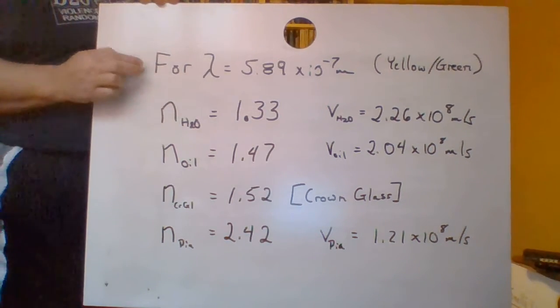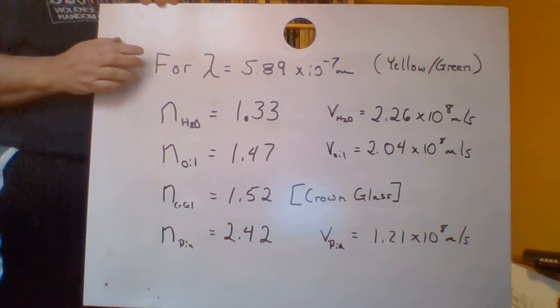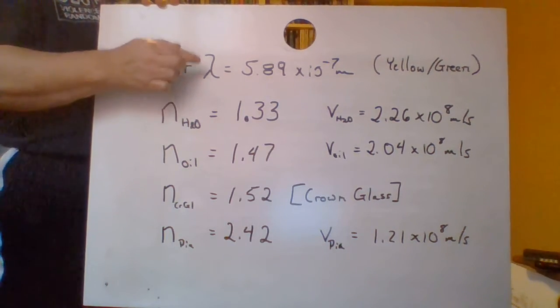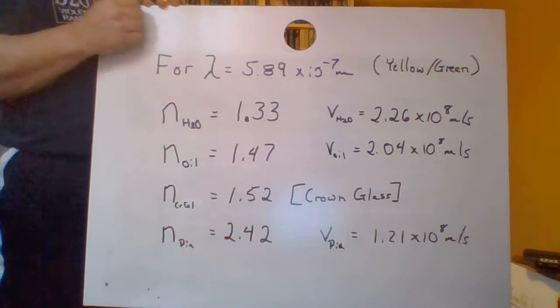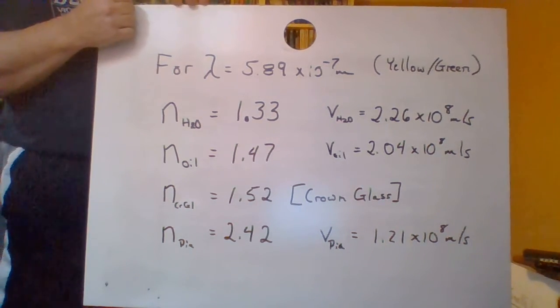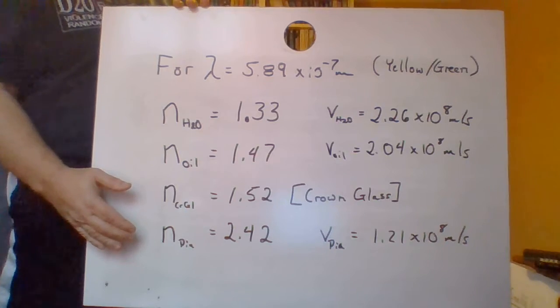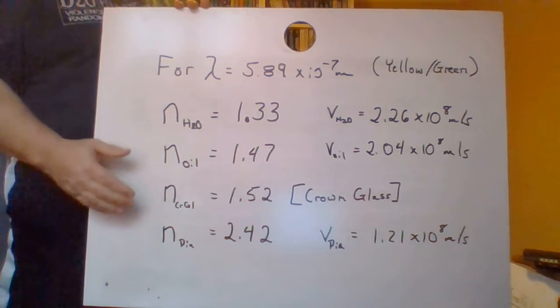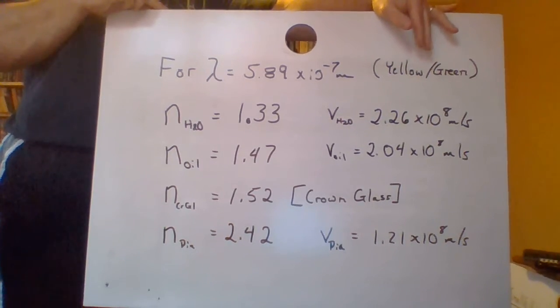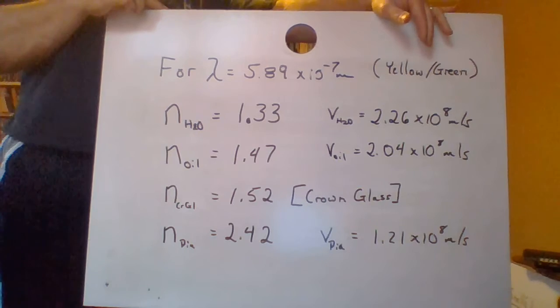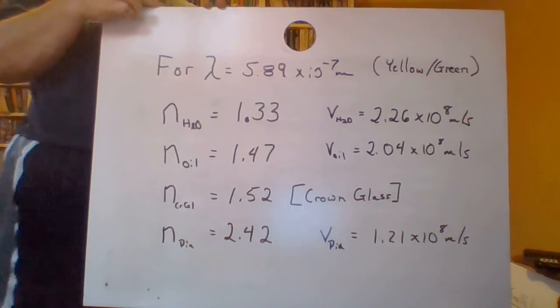Well, if you translate that into a wavelength, that means for a wavelength of 5.89 times 10 to the minus 7 meters, then you get these following indices of refraction for that color of light. The color of light happens to be in the range of just in between yellow-green, right in the middle of the visible spectrum for us.